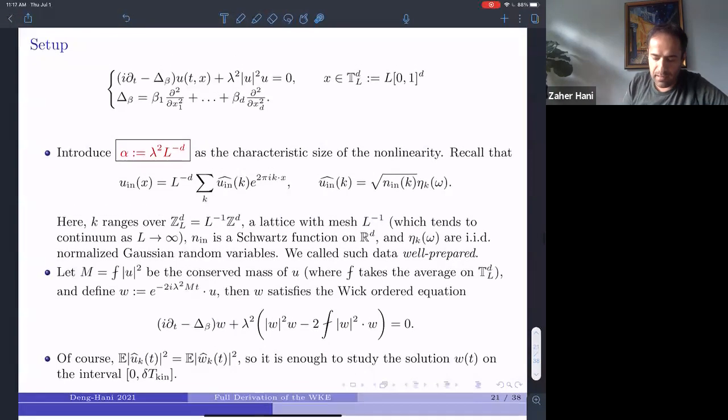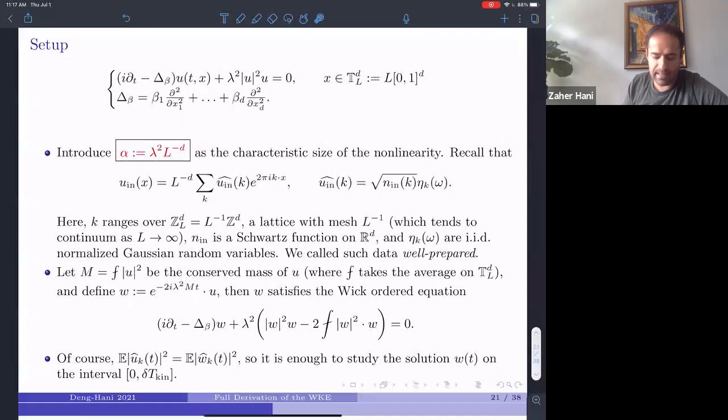Okay, and we define w to be e to the minus i lambda squared m t times u. Then w satisfies the Wick ordered equation, which looks the same as that one, except that you subtract from the nonlinearity this factor 2 times this mass times w.